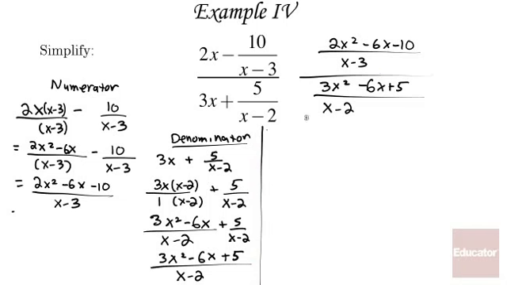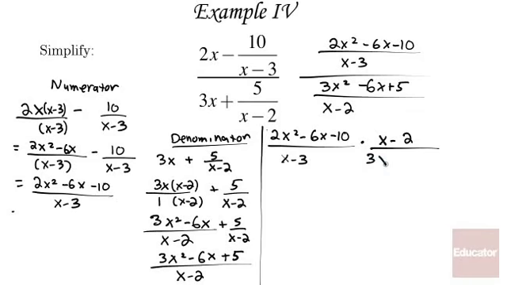And I'm going to do that by taking the numerator, 2x squared minus 6x minus 10 over x minus 3, and multiplying it by the reciprocal of the denominator. So that's going to give me x minus 2 over 3x squared minus 6x plus 5.